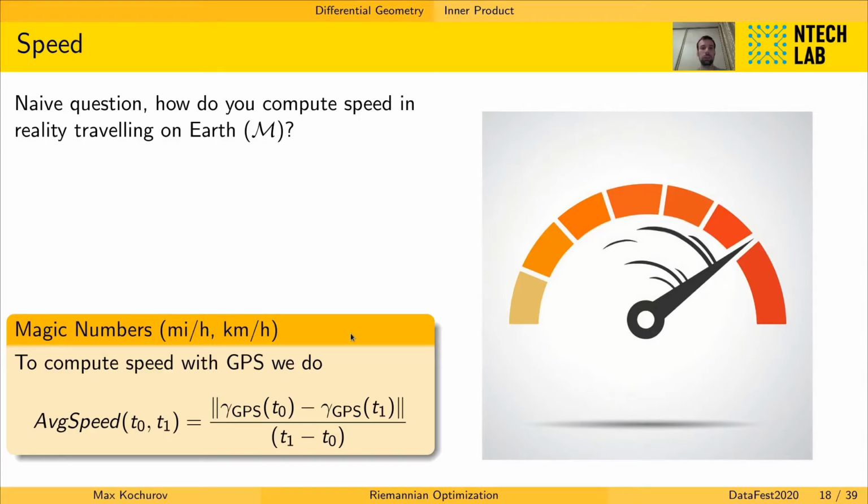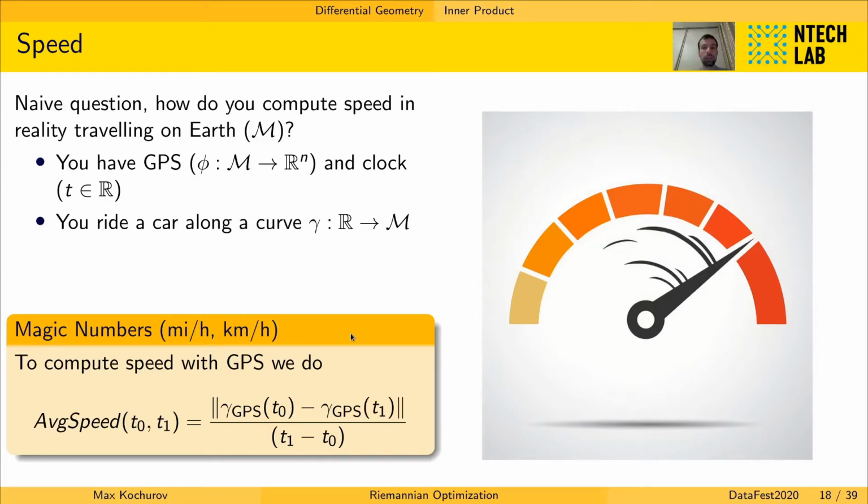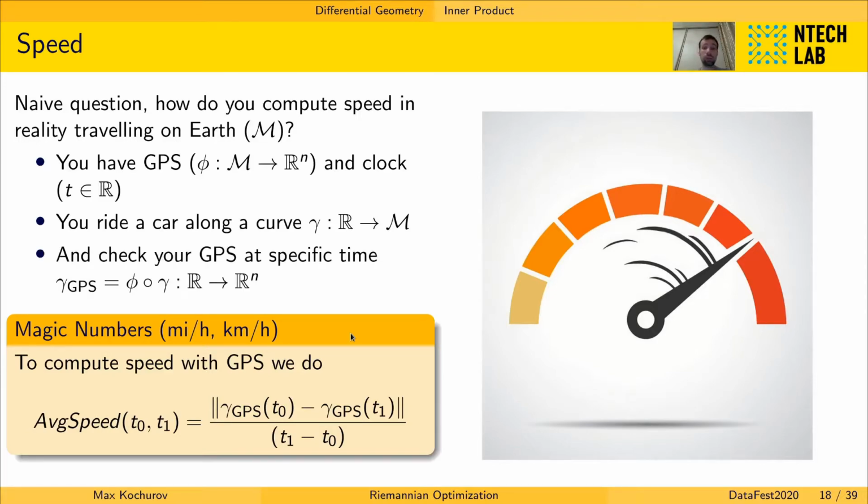The question is, how do we compute speed while traveling on Earth? First of all, we need GPS that gives you real numbers, because speed is something real, it's a number, and the clock. Then you take a ride along your route to Crimea and check your GPS at a specific time.